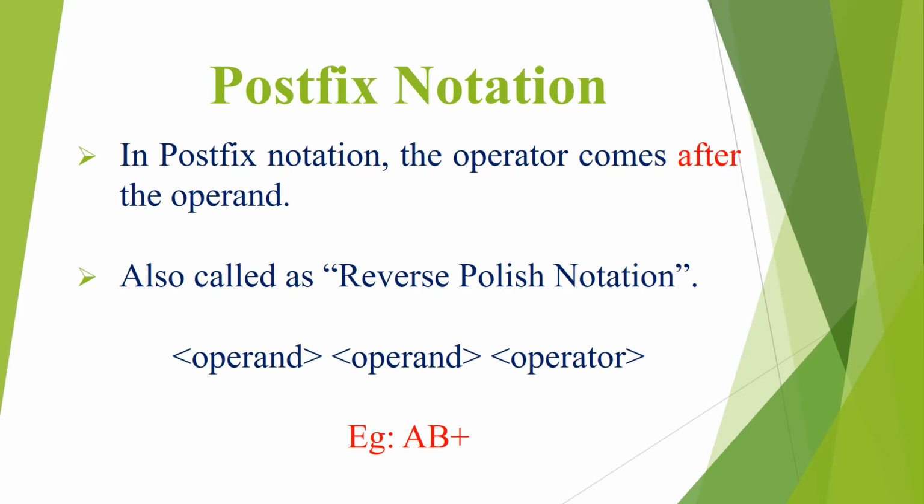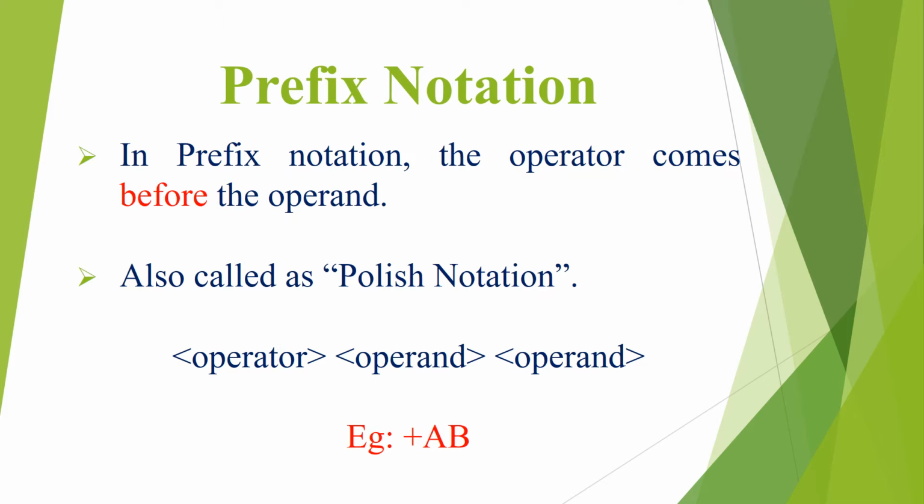The next one is a postfix expression. In postfix expression, first there will be operands and after that we have to write the operators. It is also known as reverse Polish notation. The expression is in the form of a, b, plus, where the operator plus is after the operands a and b. The third one is prefix notation.